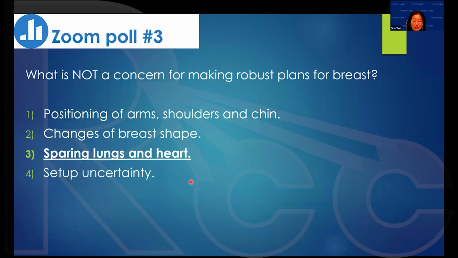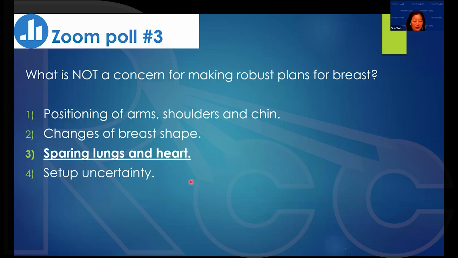Breast shape changes, so that's why we need a smooth transition of the fluence, or a field-in-field technique, soft fields. We don't want to chase the exact breast shape. We want to give some skin margin, skin flash. Sparing lung and heart is important no matter what. It's not necessary for robust planning. That's why I put it here.